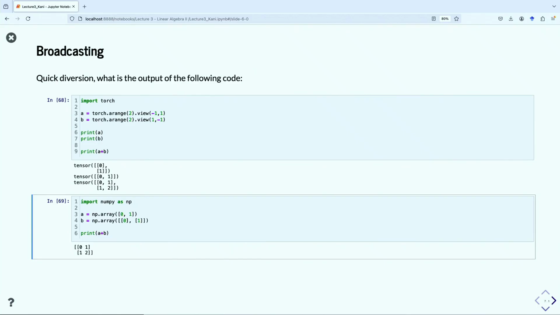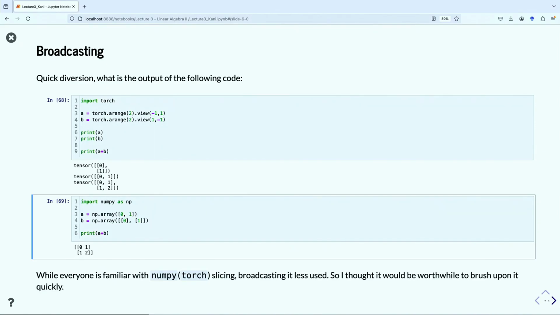Since torch basically derives its existence from NumPy, we can analyze NumPy arrays and torch arrays in this case, and broadcasting is an element of NumPy. So the question is, what's going on?